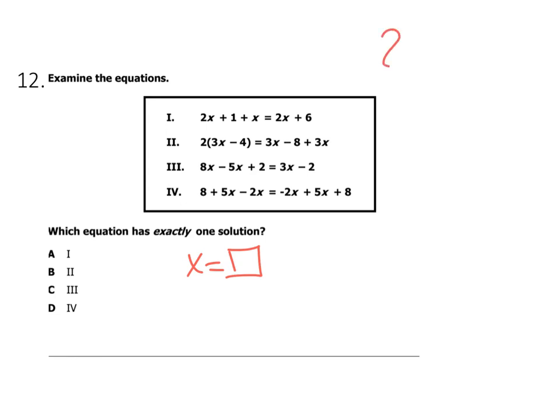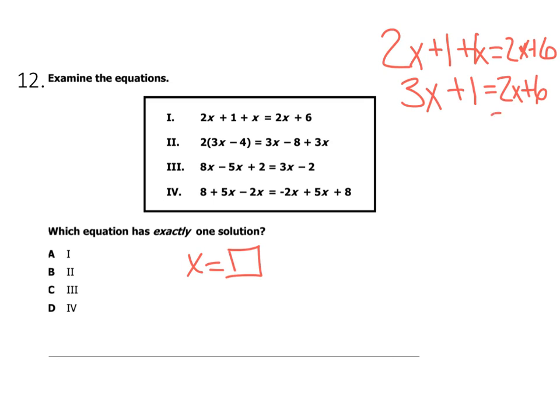So we're going to start with the first one, 2x plus 1 plus x equals 2x plus 6. And we're going to put an understood 1 right there and simplify by combining like terms, and get 3x plus 1 equals 2x plus 6.